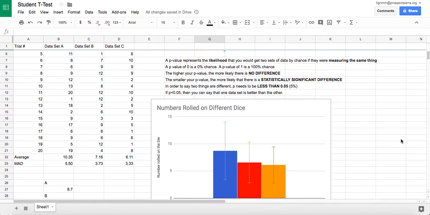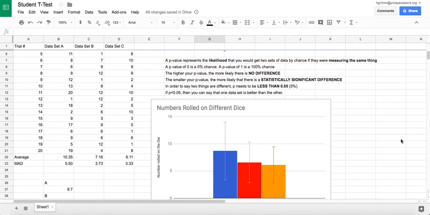Typically, the line that scientists draw to say whether or not we can claim that these things are different enough for me to draw conclusions is 5%, so that's 0.05. If my p-value is less than 0.05, then I can say that one thing is better than the other. If my p-value is bigger than 5%, if it's more than 0.05, then I can't say for sure which one is better.